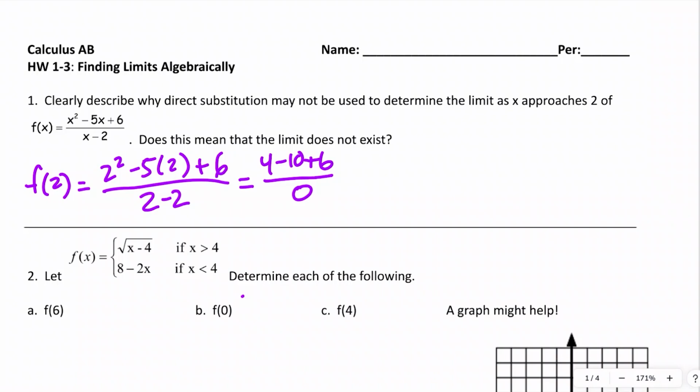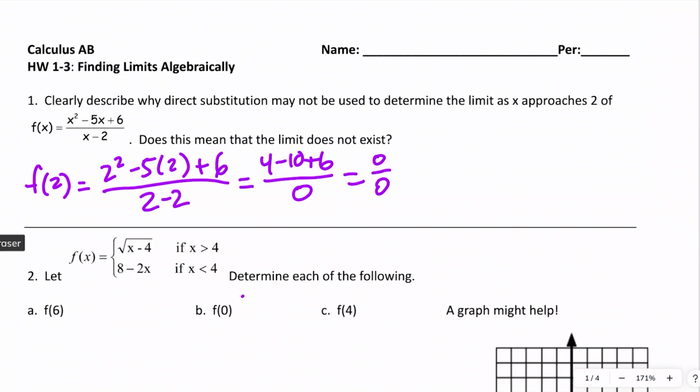If the value that you plug in makes the denominator 0, it's going to be undefined. But if that same value also makes the numerator 0, so notice 4 plus 6 is 10 minus 10 is 0, then that usually indicates that we're going to have a removable discontinuity or a hole.